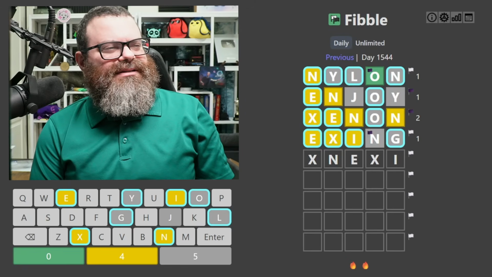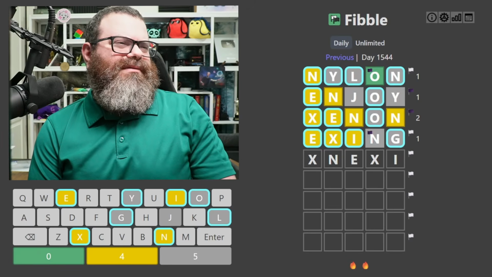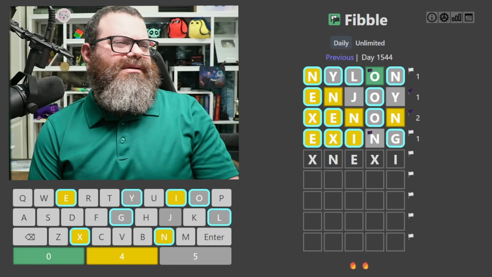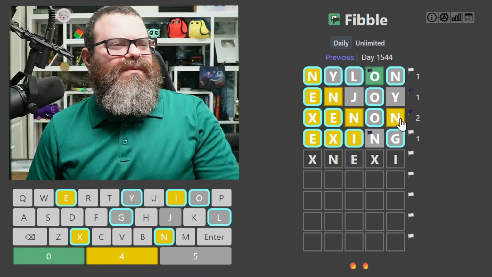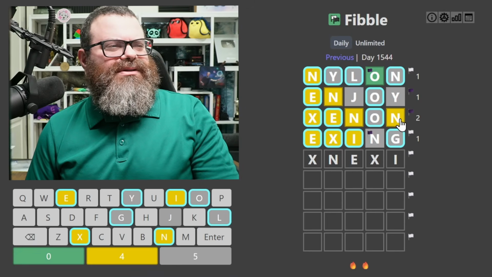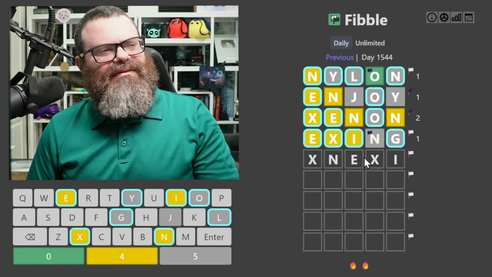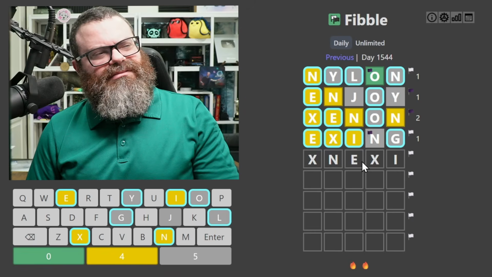What's the lie in xenon? It's going to be one of the N's lying. But we know it doesn't go last. What are the two lies in xenon? Why am I not seeing that?